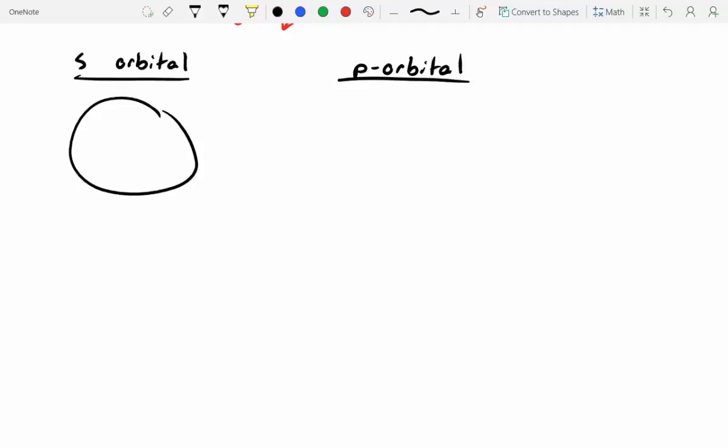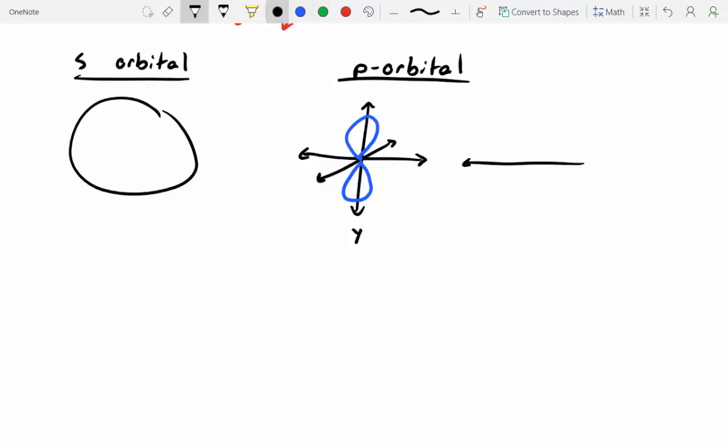With p orbitals, we actually have 3 different types. The way to think about this is with a 3-dimensional coordinate system, right? The first one we can think of, I'll draw this in blue, is one going directly up and down on this y-axis. The next one we can think about could be going along that x-axis.